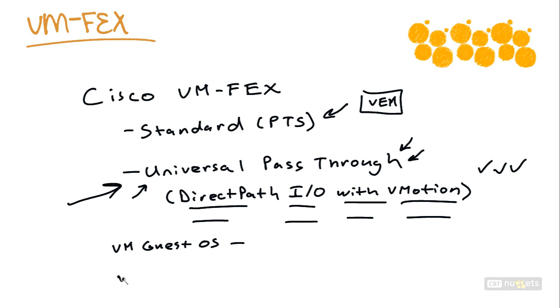The VM virtual NIC technology that we are utilizing must be of a type VMXNet 3. And your guest operating system has to be running the supported universal pass-through VMXNet 3 driver. The VMs themselves, the memory that they are calling upon, that memory must be of a type reserved in the VMware system.